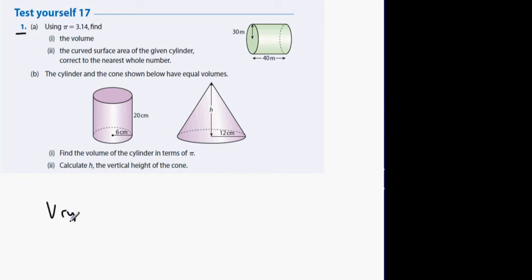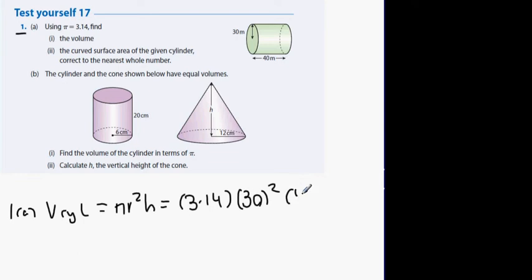Volume of a cylinder is basically pi r squared h, which ends up to be 3.14 for pi, 30 squared for radius, and 40 for h. Put that into your calculator.